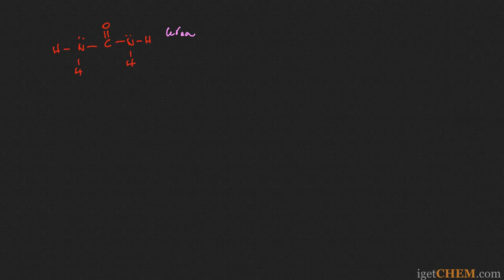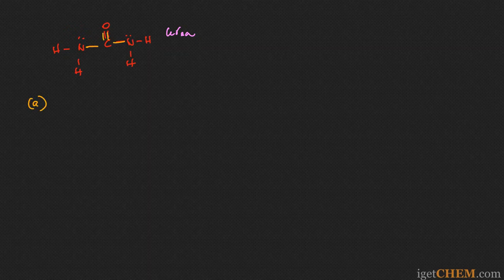Part A in number 1 asks you to figure out the hybridization of the valence electrons around the carbon atom in this molecule. If you look at the molecule, the carbon atom is bonded to the two nitrogens around it, and then also to the oxygen.